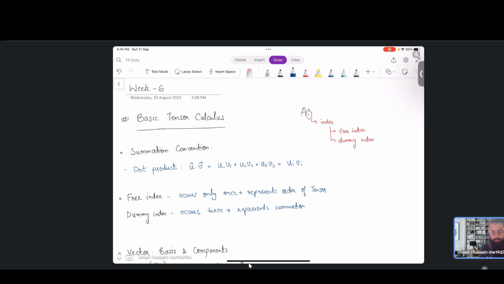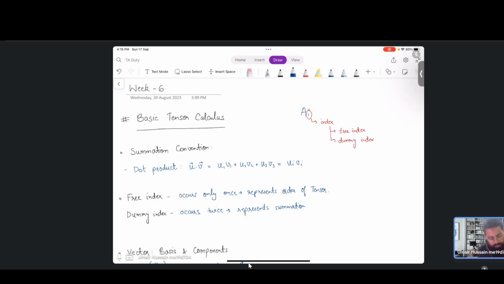A dot product of two vectors is the multiplication of their respective components and the summation of those products, which is u1 v1 plus u2 v2 plus u3 v3, if u1, u2, u3 are the three components of the vector u. This u1 v1 plus u2 v2 plus u3 v3 can be directly written as ui vi.